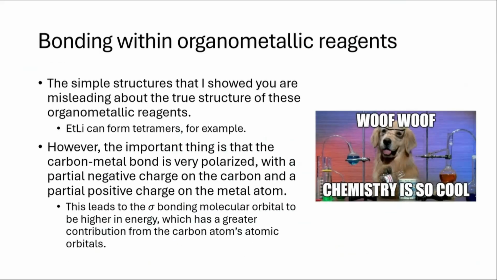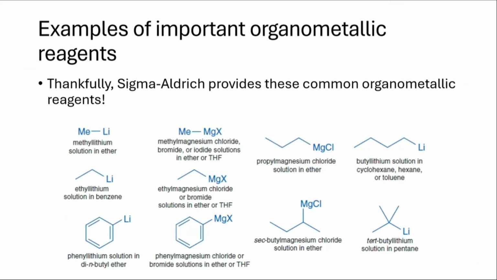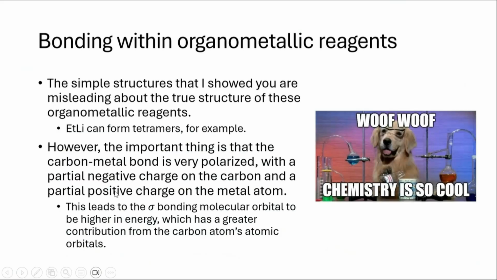Right here, I'll talk about bonding within organometallic reagents. The simple skeleton stick structures that I showed you are sort of misleading. Organometallic chemistry is a bit tricky, because something like ethyl lithium can actually form tetramers, so it can sort of polymerize.